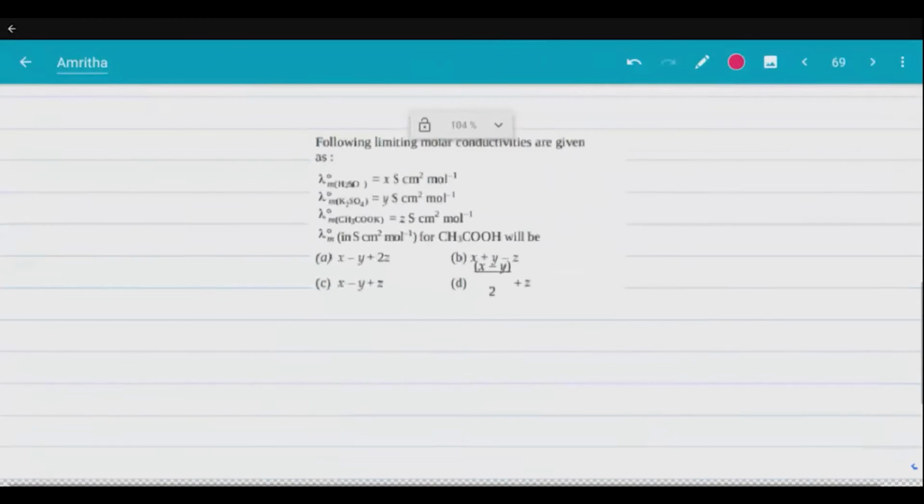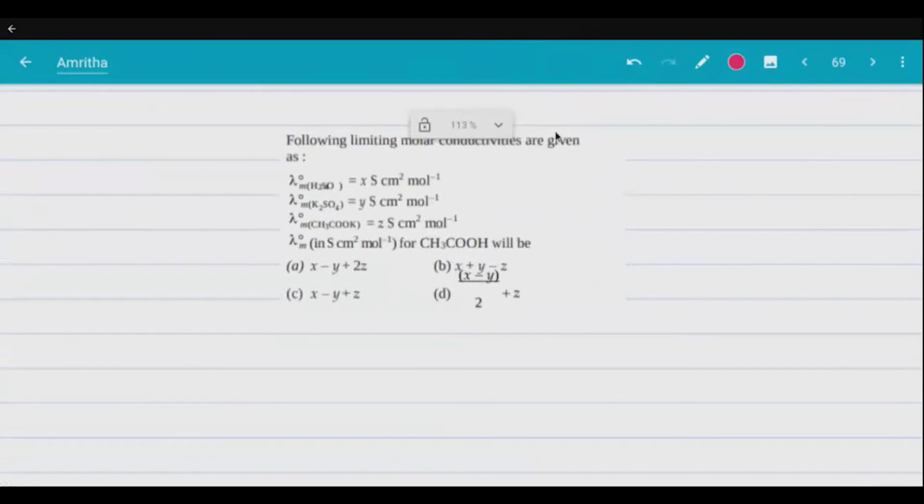Now, this question. Limiting molar conductance. What does limiting mean? Limiting means infinite dilution. This is the maximum molar conductivity. Conductivity always increases upon dilution, no doubt. Limiting means maximum; you can't get more than this.